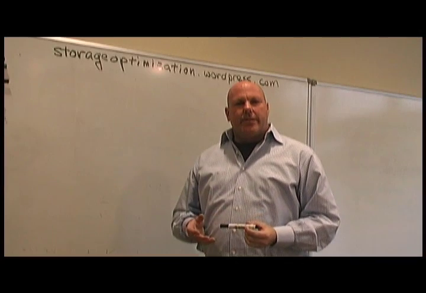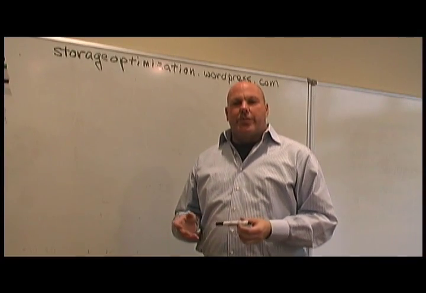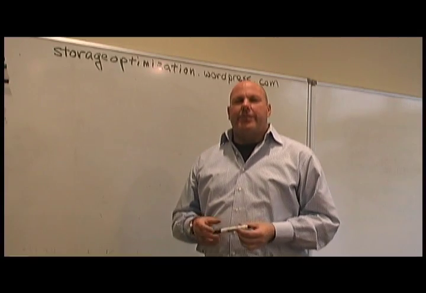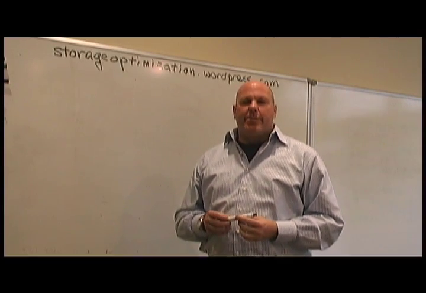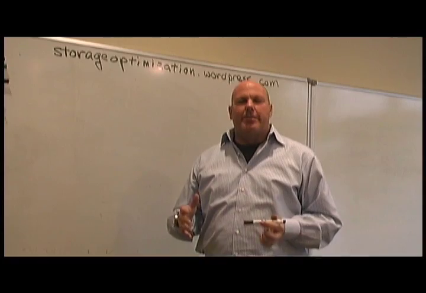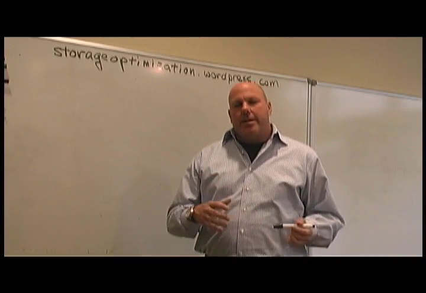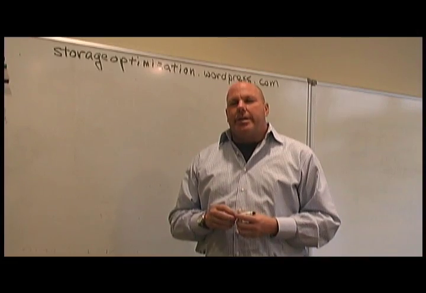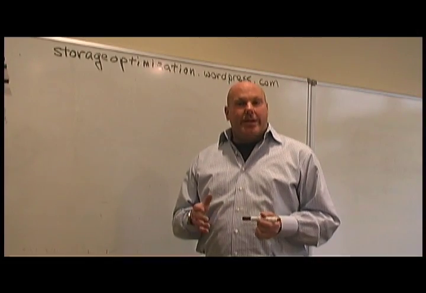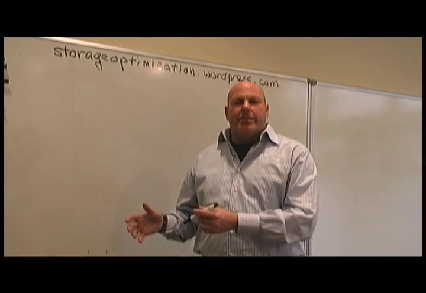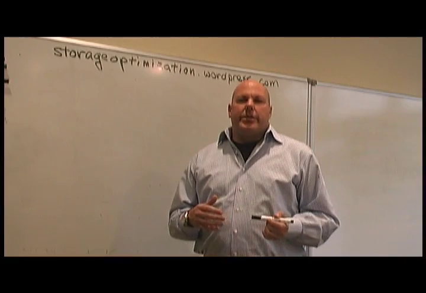So optimizing files or storage for online data is quite a bit different than doing data reduction for backups. And people will talk a lot about data deduplication as the hot storage reduction technology, but there's some things that are really quite different between what's right for backups and what's right for online storage.